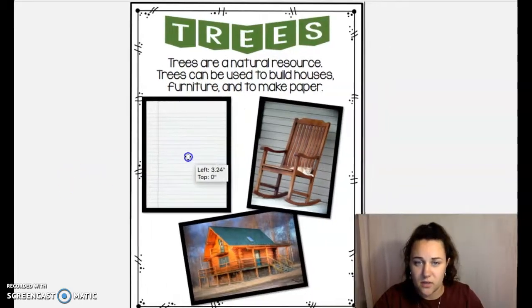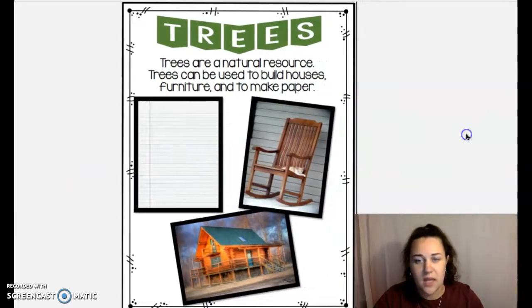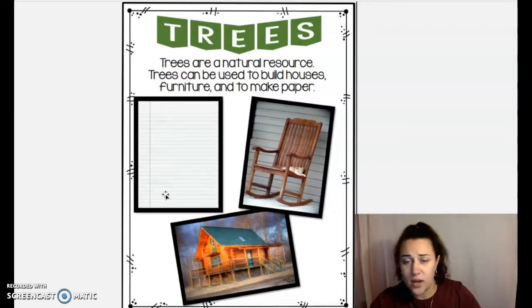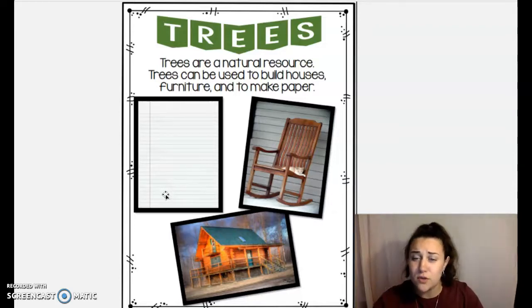We have trees. Now we use trees in the classroom every single day. Trees are a natural resource. And if you look here, this is paper. We use paper every day in the classroom. Even when you're home, I'm sure you're still using paper. Even if you're printing your worksheet, or if you have to use scrap paper to write something down, or if you want to draw a beautiful picture, you have to use paper.